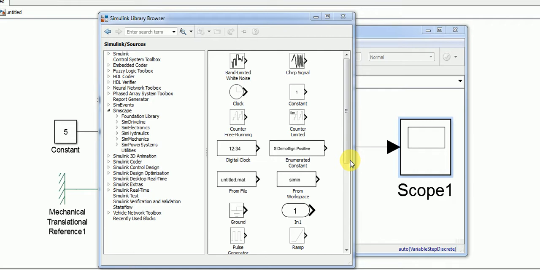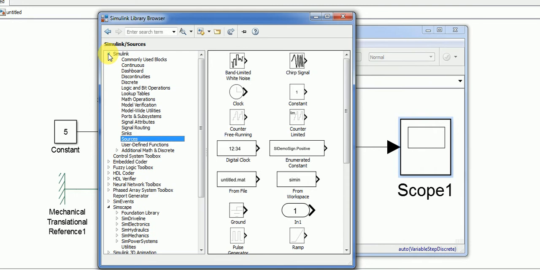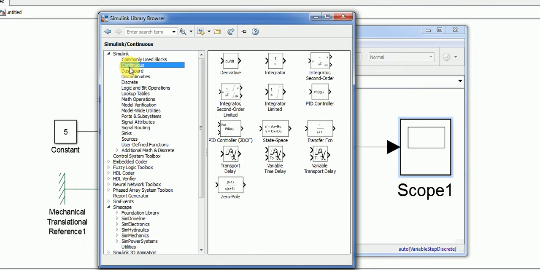So starting with Simulink. In Simulink, we are dealing with a signal, performing various mathematical operations on a signal. In the Simulink library, various mathematical operators are provided for continuous and discrete signals, like derivative, integrator, so many things.